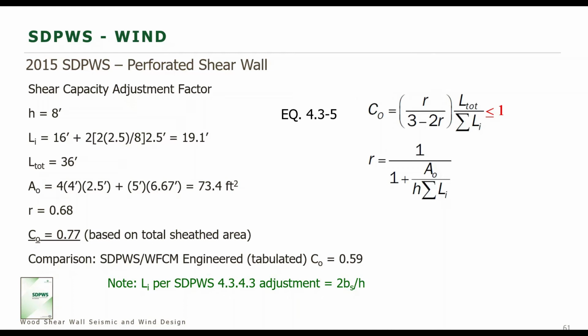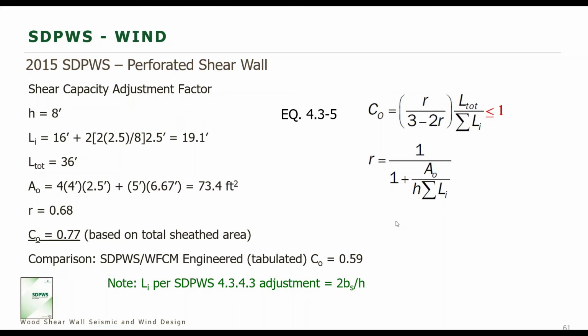The high aspect ratio segments are being adjusted, having their capacity adjusted by this 2BS over H value from SPDWS 4.3.4.3. So that's why you see this adjustment applied here. So our total wall length is 36 feet, and then this A sub O value is the area of the openings. It's the actual opening area for the entire wall.